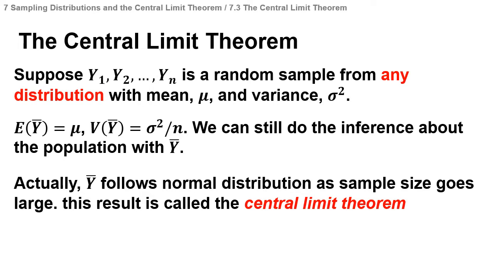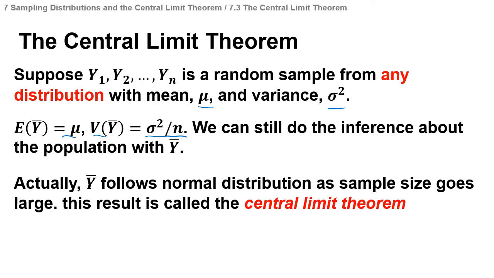Suppose Y1, Y2, ..., Yn is a random sample from any distribution with mean mu and variance sigma squared. What can we learn about the population? We know that the expected value of Y bar is mu, and the variance of Y bar is sigma squared divided by n.